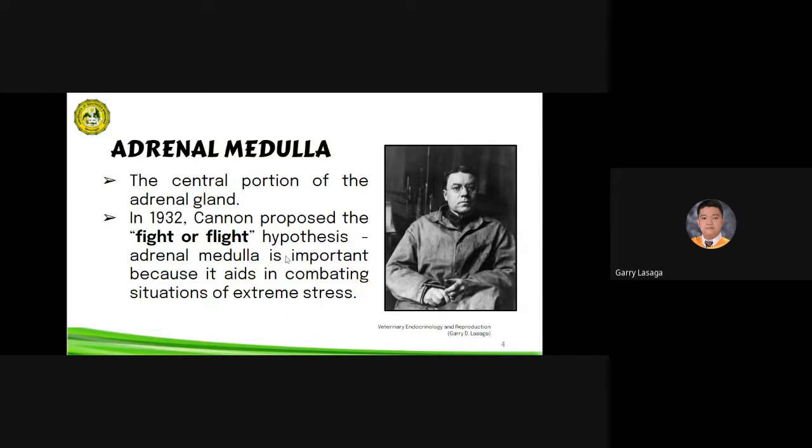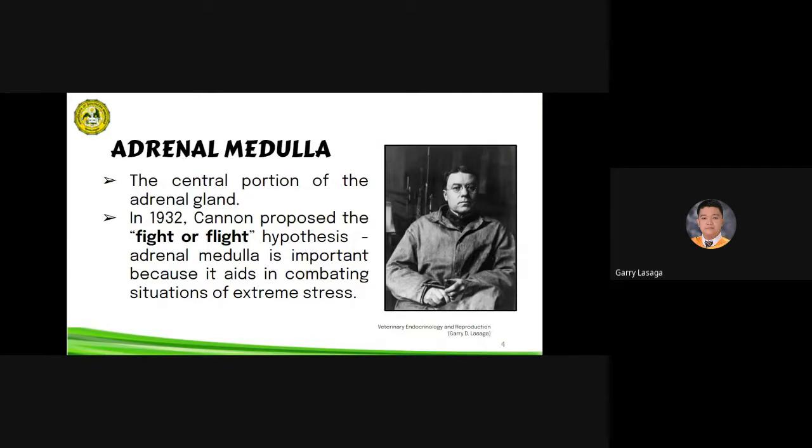So this phenomenon, when, for example, a person or an animal is being exposed to a certain type of extreme stress or a frightening event, is known as a fight or flight response.